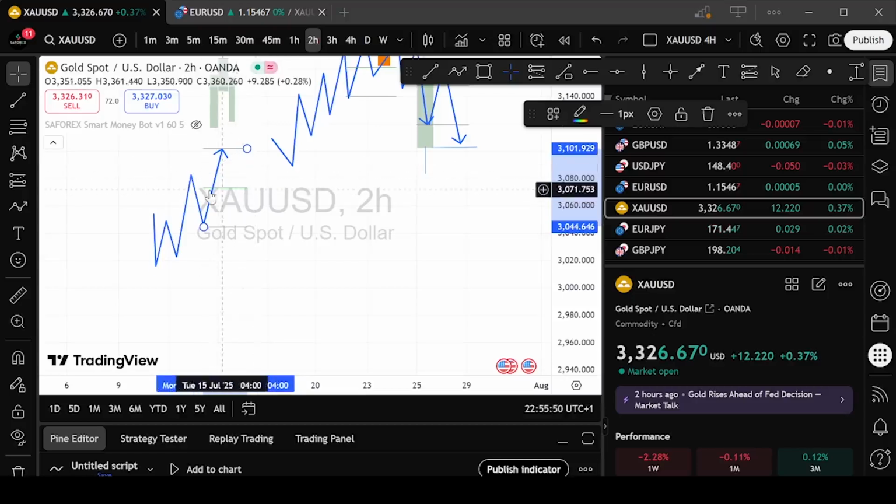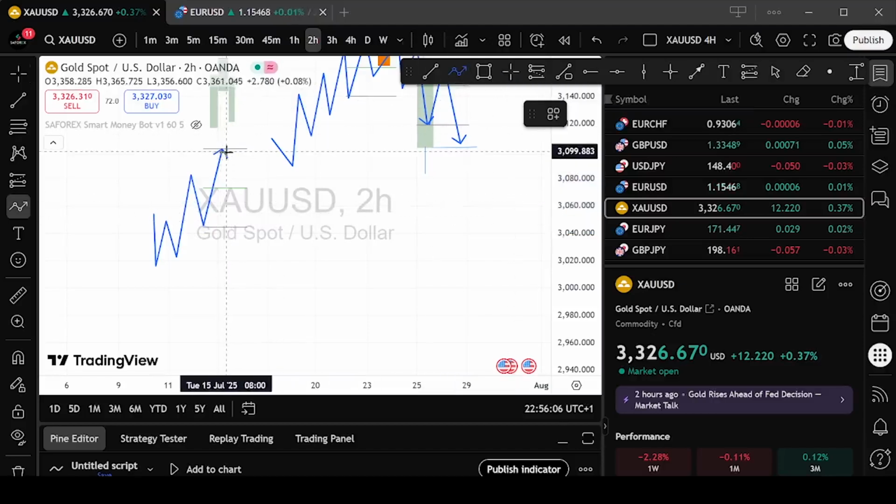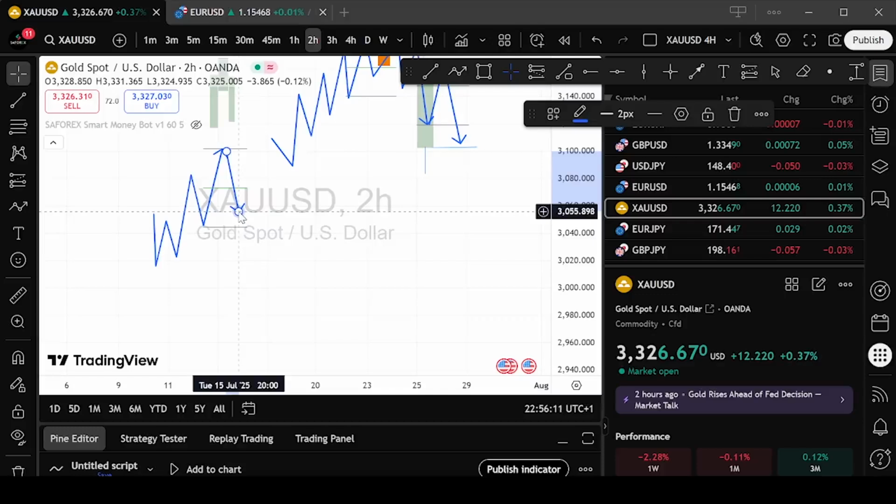This midpoint level, we said, is called the equilibrium. Any price below this 50% is where we say discount. That means you can buy at this price, until price comes here like this, before you begin to think of buying the market. That's where it's ideal for you.